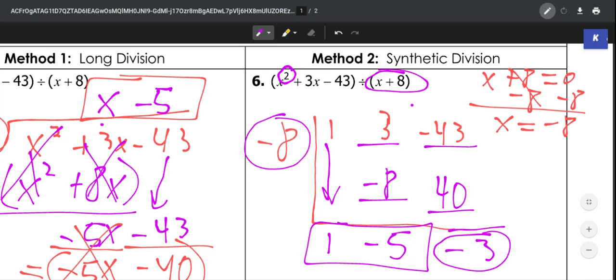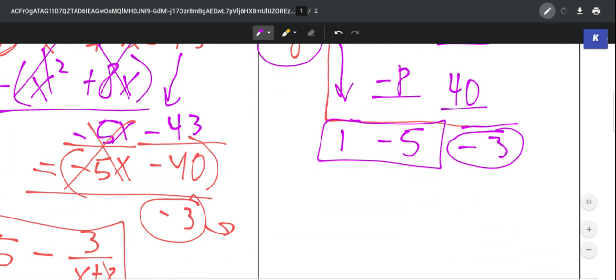Whatever the highest exponent is, that exponent was x squared. When we rewrite our answer, it becomes x. So if this were, say, 2 here, it would be 2x. But since that coefficient is just 1, we just leave it as x.